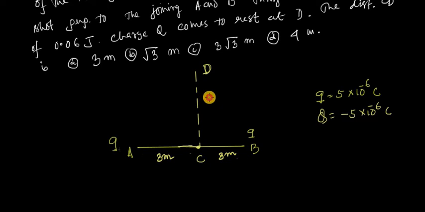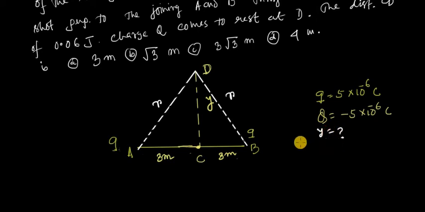Suppose that CD is Y, and consider AD is R and BD is also R. So AD is R, BD is R, and CD is equal to Y. You have to find Y.